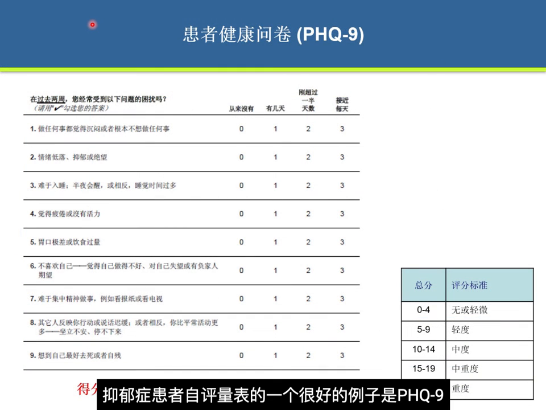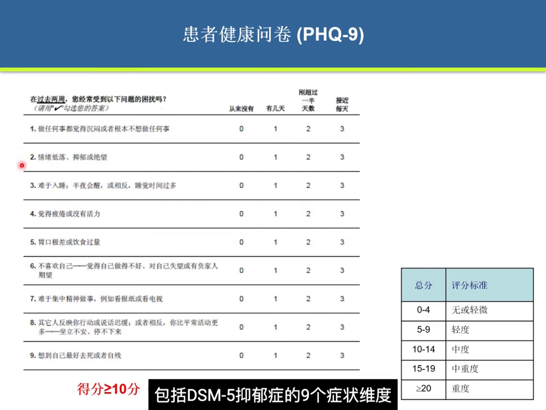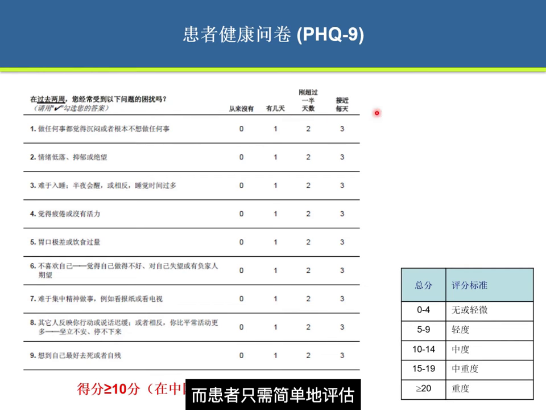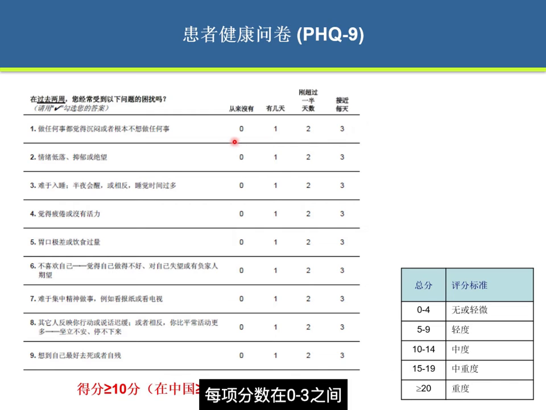A good example of a patient-rated symptom scale is the PHQ-9, which is a very simple scale, easy for patients to complete, consisting of the 9 symptom criteria for depression in DSM-5. And the patient simply rates how often they've experienced those symptoms in the past 2 weeks on a score of 0 to 3 for each item. And so they total the scores, with scores ranging from 0 to 27.